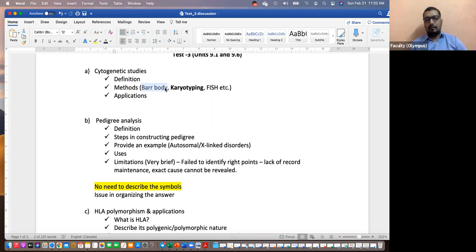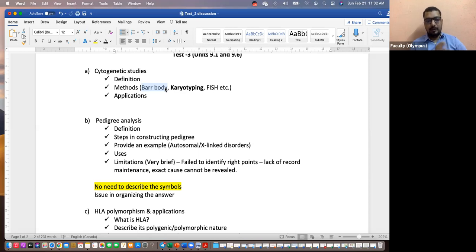But it is not just specific to females, although you can identify a female or male. Having no bar body is a male, having one bar body is a female. I think one of you wrote that it helps in identifying only the females, but that's not the case. It can help us identify either a male or a female.